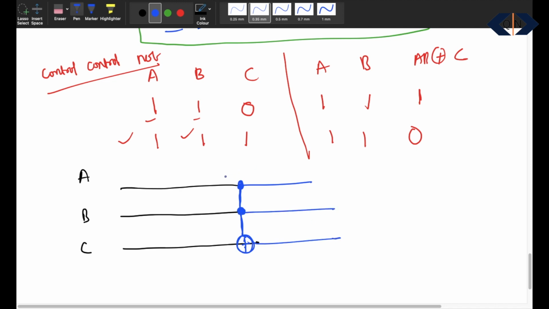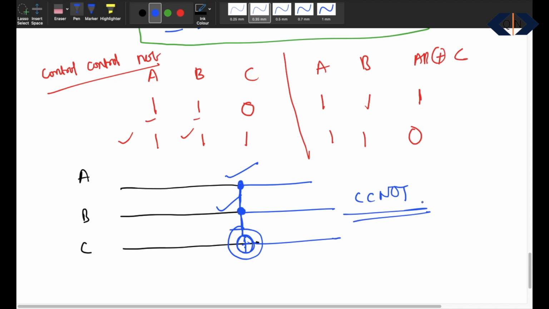When A is active and B is active, then only this NOT gate will be activated. Else this NOT gate will not be activated. That's why the Toffoli gate is also called the CC NOT gate.